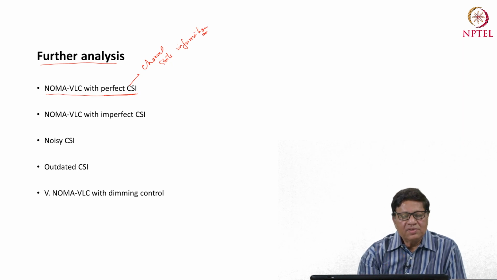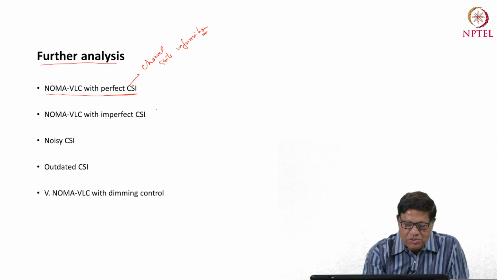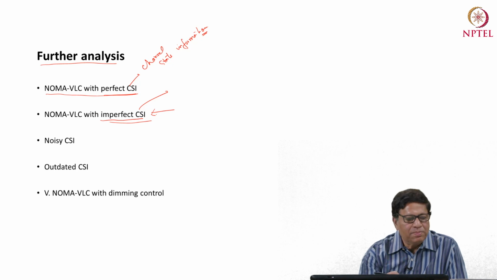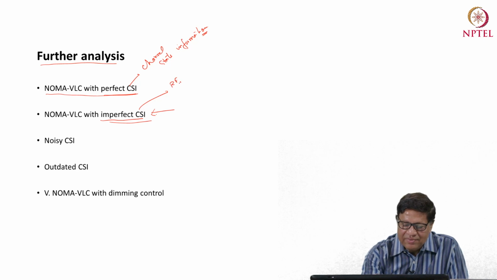So one can do analysis with perfect CSI, but practically the estimation of the channel is never perfect. There are imperfections, there are errors. So one should do analysis with imperfect CSI, and this could be because for channel estimation you are sending some pilot signals, which can be in the form of RF or IR.